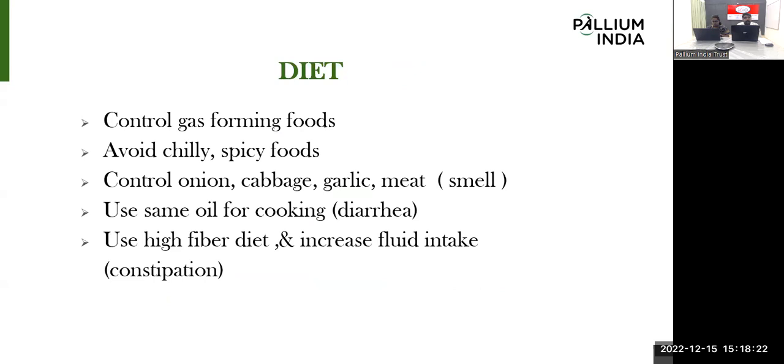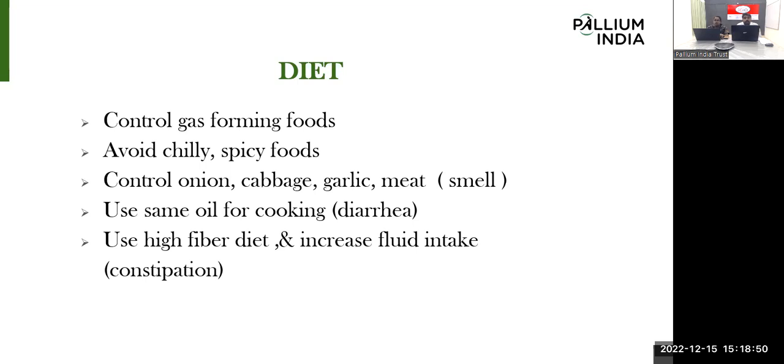Then some dietary pattern also needs to be maintained. First, gas-forming food needs to be avoided, because with a colostomy there is no sphincter control. Whenever flatus comes in between bowel openings, it will come through the colostomy. This bad smell will irritate the patient and the surrounding people also.